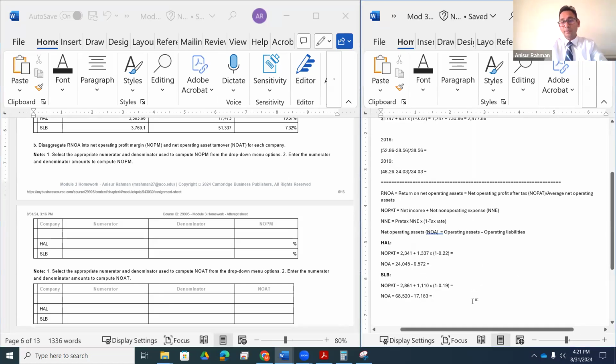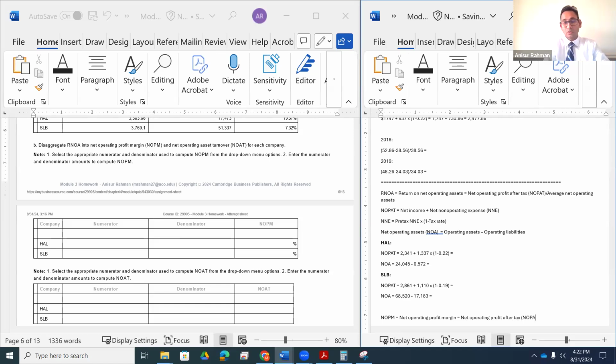So what is NOPM? It's equal to net operating profit after tax, in short, NOPAT, divided by sales.